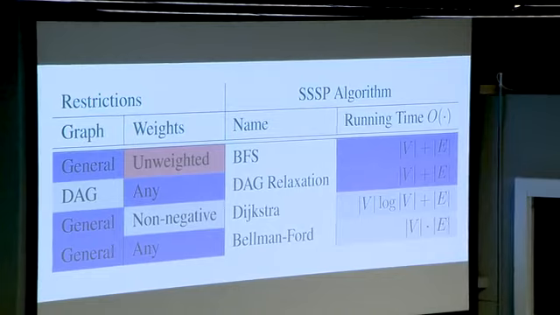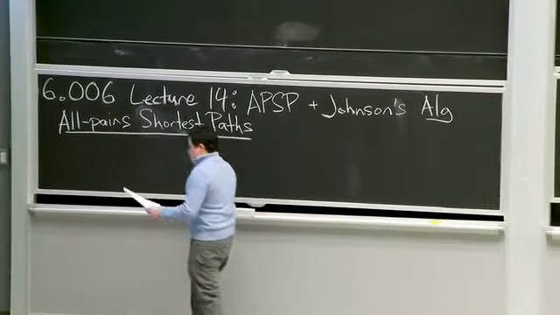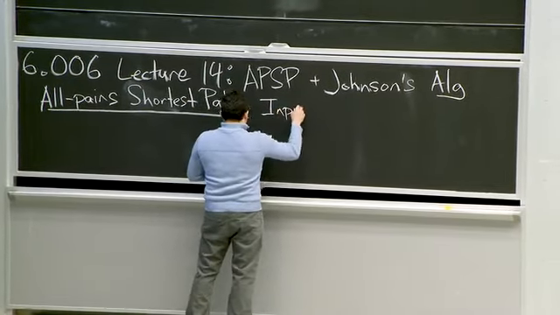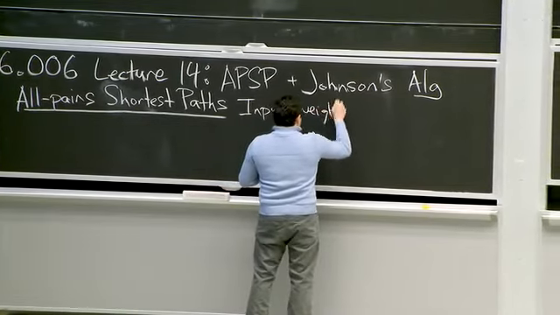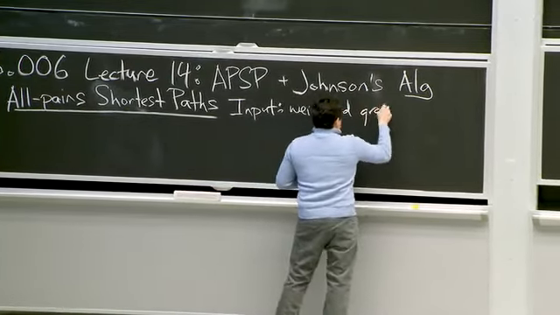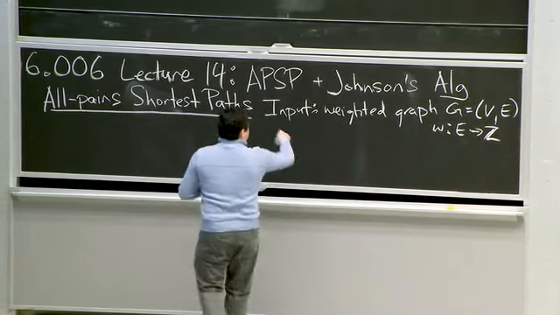Okay. Today, we're going to be focusing on this new problem called all pairs shortest paths. It's not really complicated. Instead of having a single source, given an input weighted graph, where we've got a graph V, E, and we've got a weight function from the edges to the integers, this is our general weighted graph.